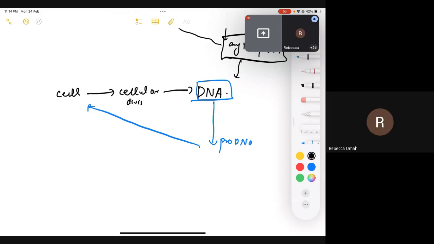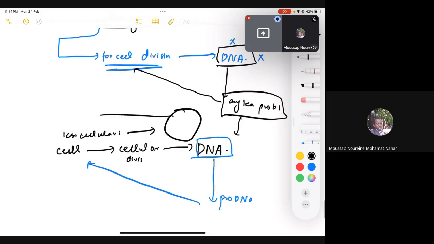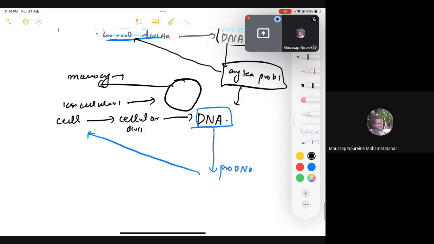If I have less cellular division, the cell is going to appear big because it isn't dividing. A big cell is also known as a macrocyte, or let me just call it macrocytic anemia.